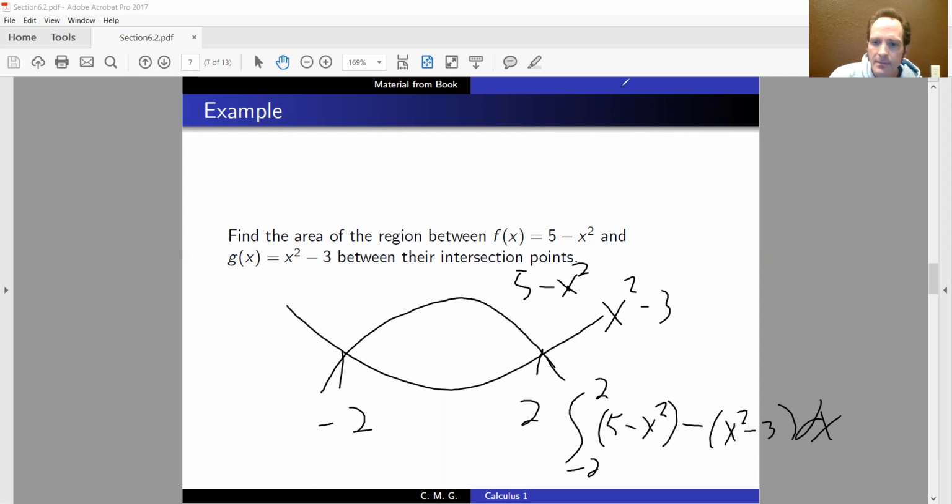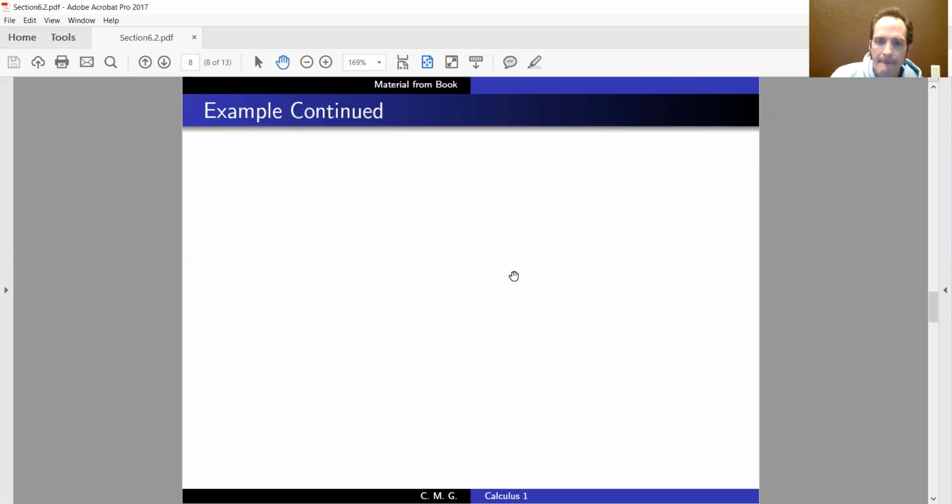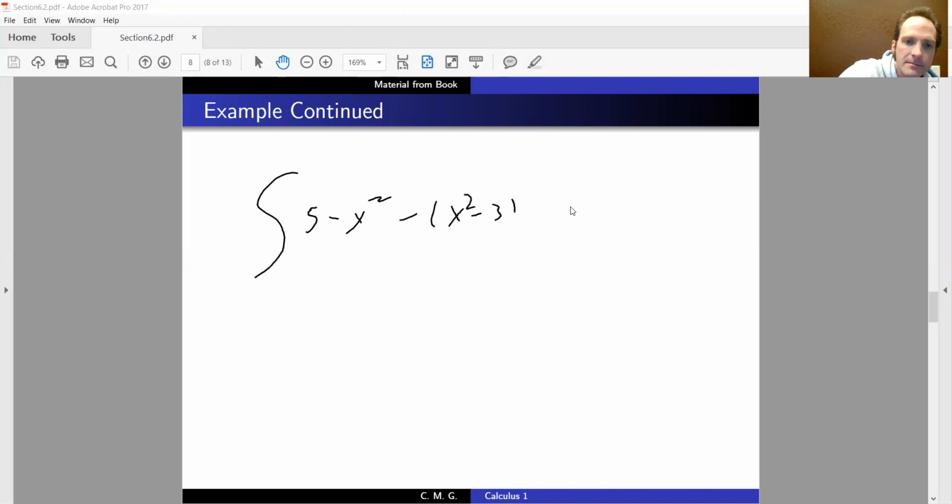Okay. So here we go. I'm looking at the integral of 5 minus x squared minus (x squared minus 3) from -2 to 2. I can technically go through and just integrate each term at this point, but it's more worth my while to simplify this.